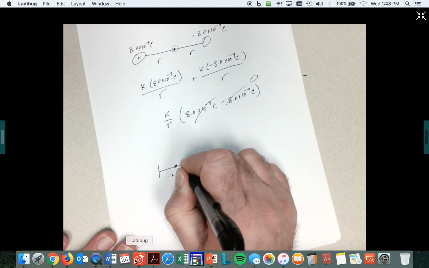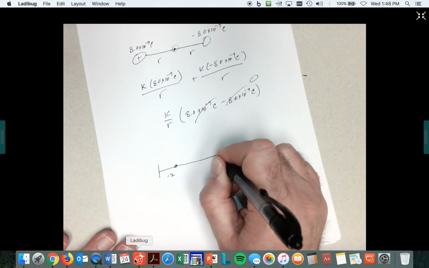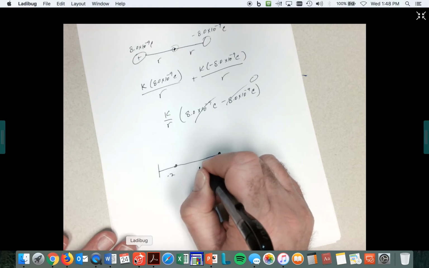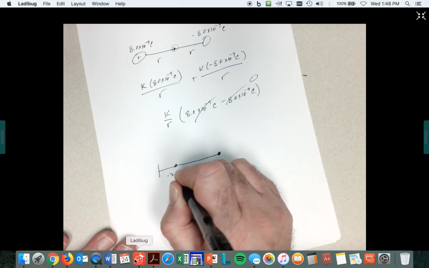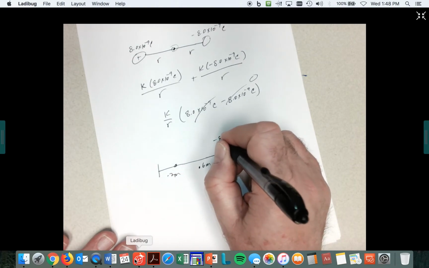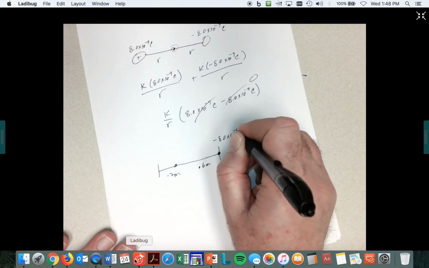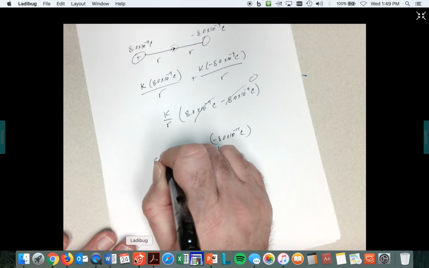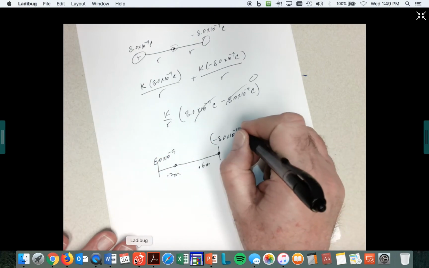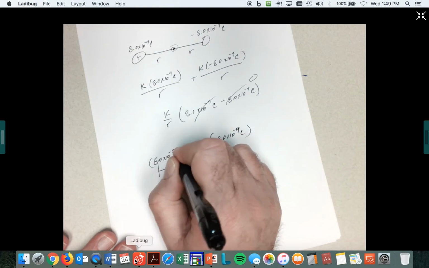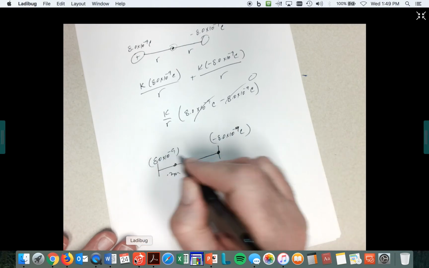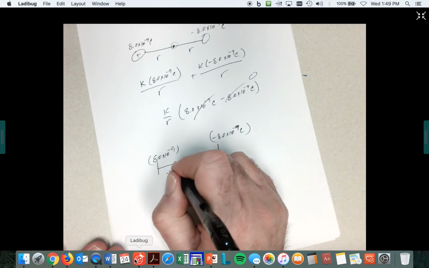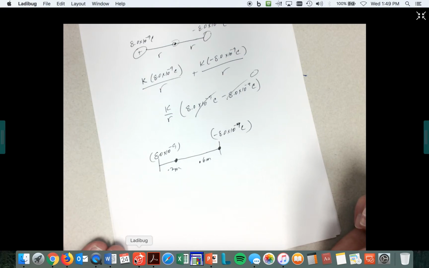This is 0.2, and this distance is 0.6 meters. And this is negative 8.0 times 10 to the negative 9, not 19, 9 coulombs. And this is 8.0 times 10 to the negative 9 coulombs. That one's positive, that one's negative. We're going to find it right here. First of all, do you think it's going to be positive or negative?